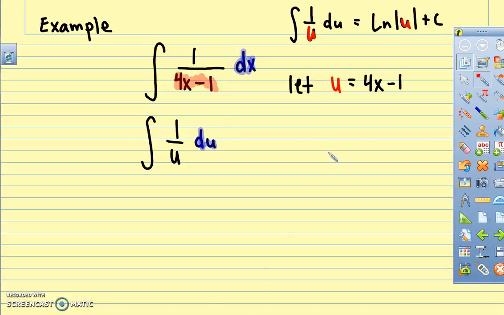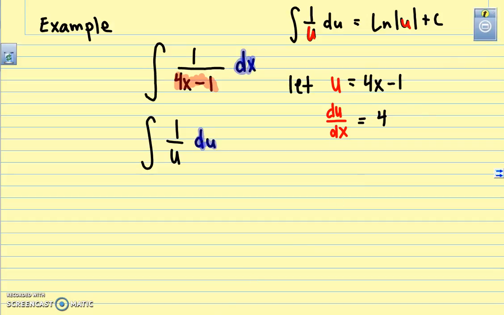That is an easy fix, because you take the derivative of u, you have du over dx is equal to 4. If you then multiply both sides by dx, you get du is equal to 4 dx.